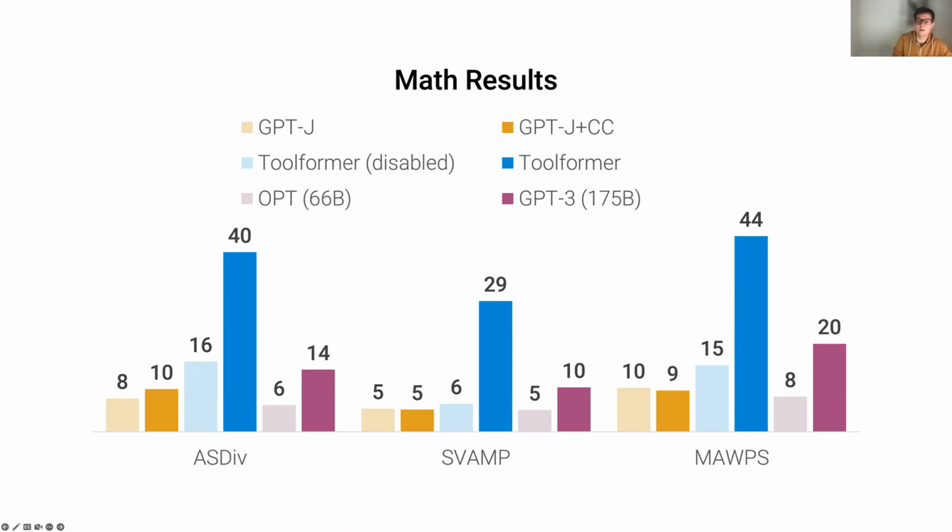A third set of tasks that we looked at are question answering tasks. And now allowing the model to ask our question answering API for a question answering task seemed to be a bit of cheating. So for question answering, we did not allow it to use the question answering API. Instead, we wanted to find out whether it can itself find the right pieces of evidence with its Wikipedia search and use them to answer questions.